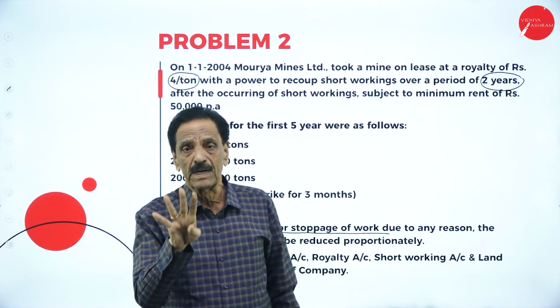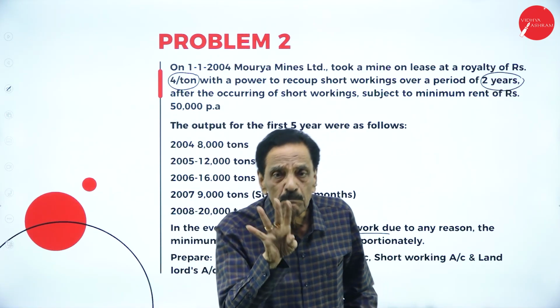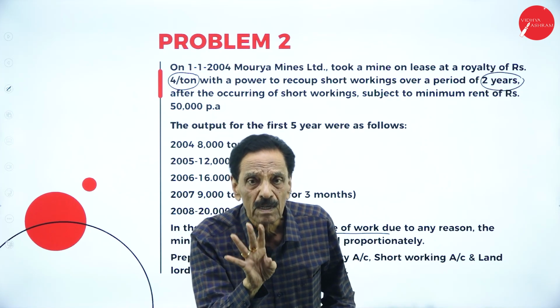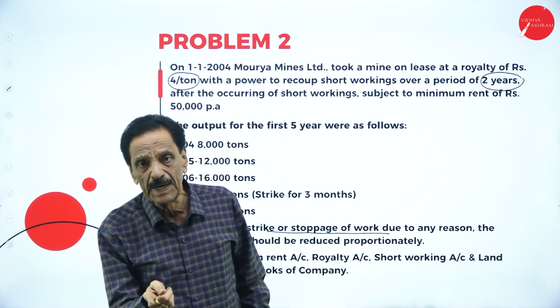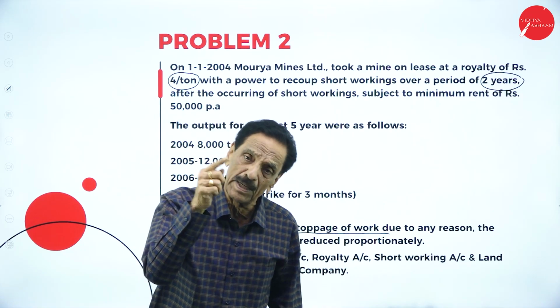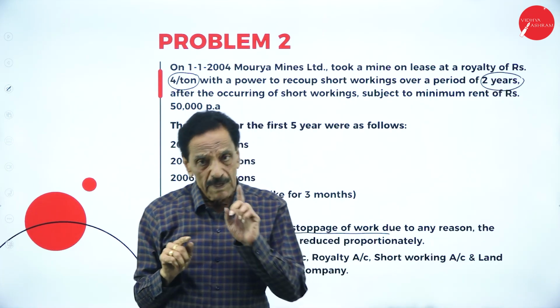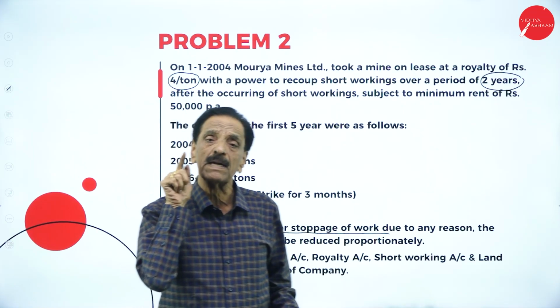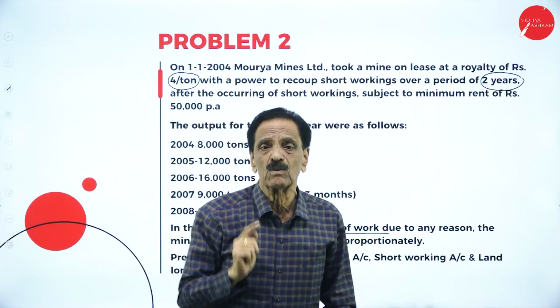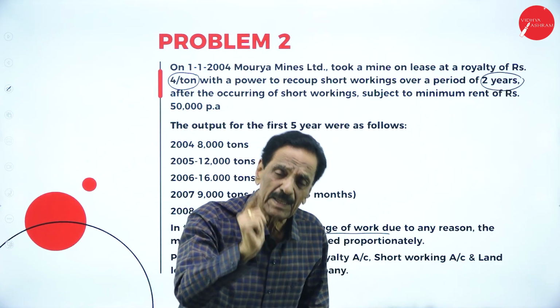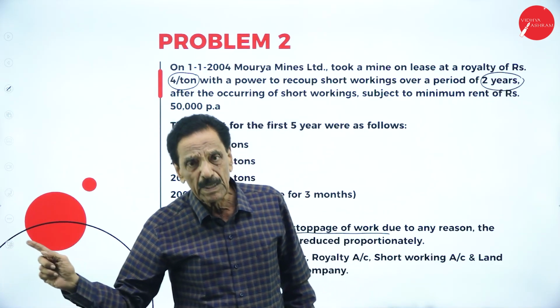These are all the 4 entries you have to pass when minimum rent is more. What is the first entry? Minimum rent account debtor to landlord account. We mean to say that we are paying the minimum rent.